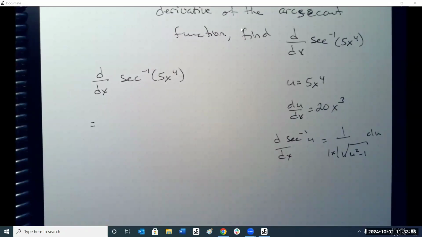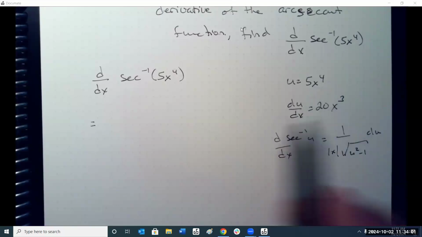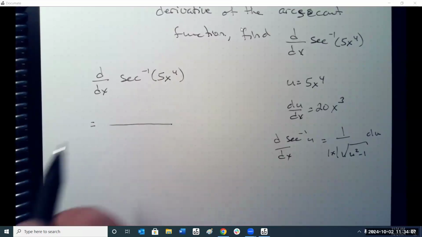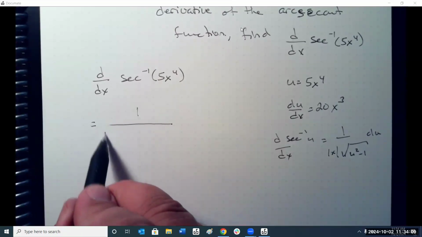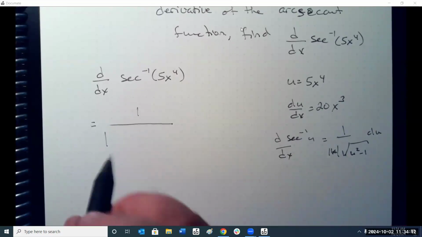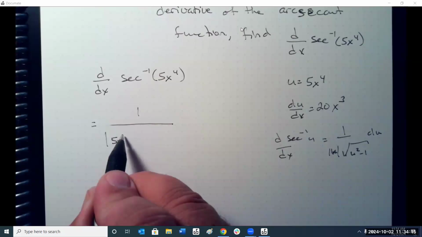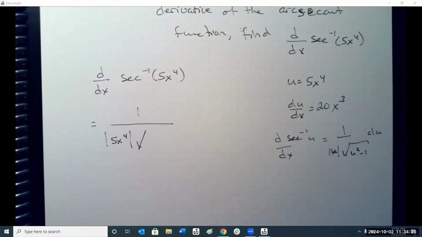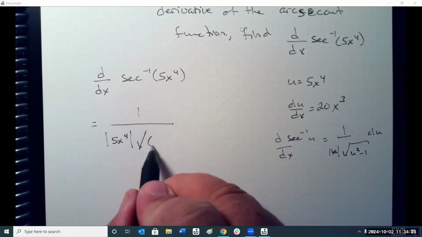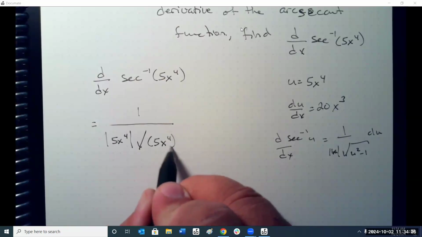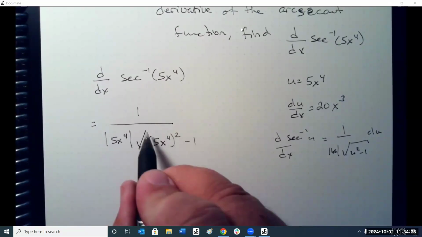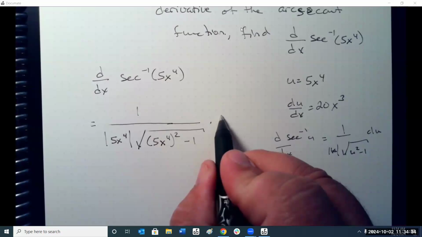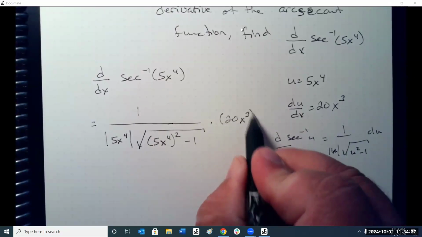All right, so let's just plug it in. We know what u is. So our derivative is 1 over the absolute value of 5x to the fourth, times the square root of u squared, which is 5x to the fourth squared minus 1, times the derivative, which is 20x cubed.